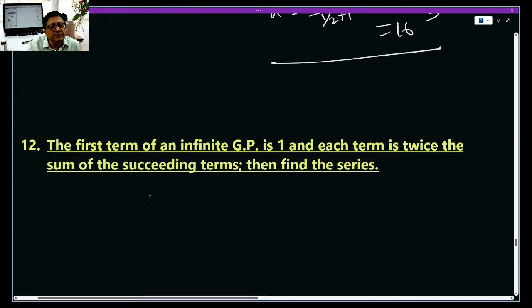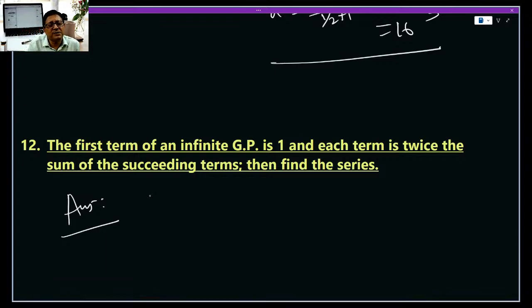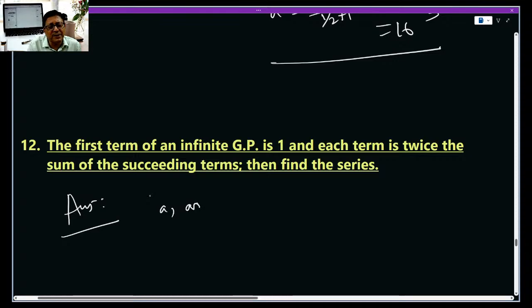The first term of an infinite GP is 1 and each term is twice the sum of the succeeding terms. Again I have asked on an infinite GP. a is 1, and very interestingly one term is twice the sum of the succeeding terms.